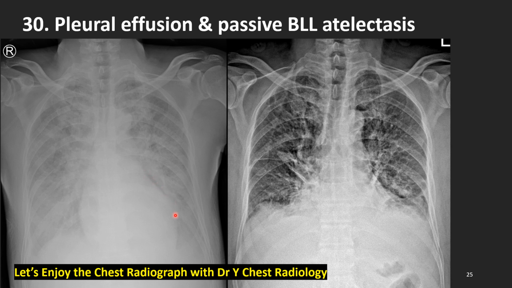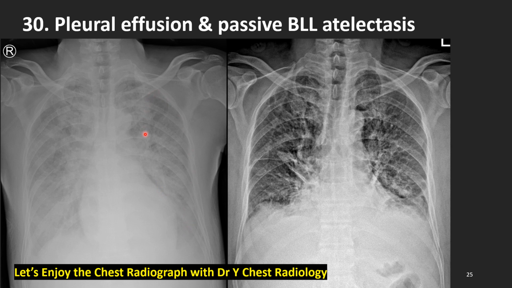Both heart margins are clear. That means this hazy increased density is not in an anterior location. That is one reason the possibility of pleural effusion is high.